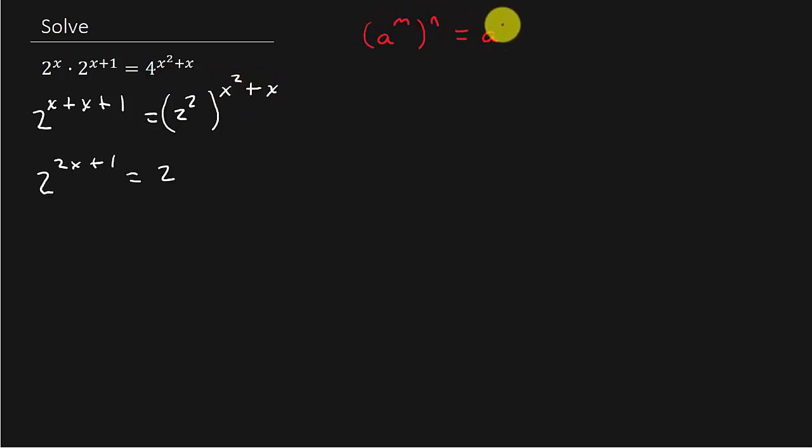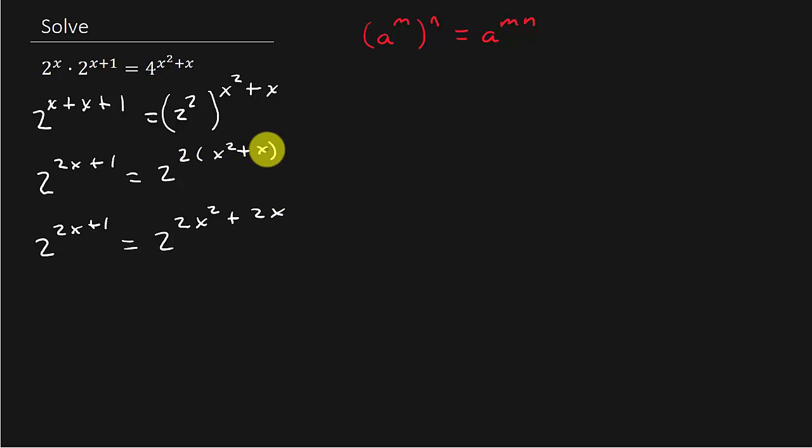That is equal to a to the m times n. We can multiply them. So that's going to be 2 times x squared plus x. And so that's 2 to the 2x plus 1 equals 2 to the 2x squared plus 2x. All I did is I distributed the 2.